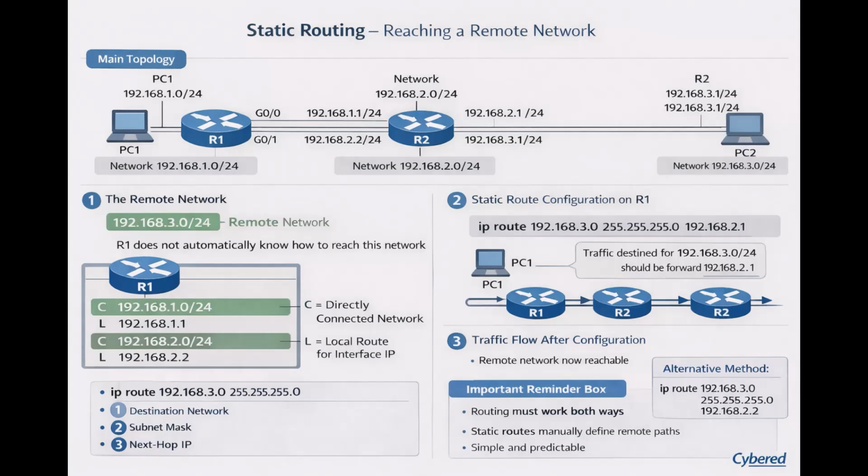Remember, routing must work both ways, so R2 will also need a route back to the 192.168.1.0/24 network. Static routing is simple and predictable, but it also has its limitations. In the next section, we'll explore the advantages and disadvantages of using static routes in enterprise networks.